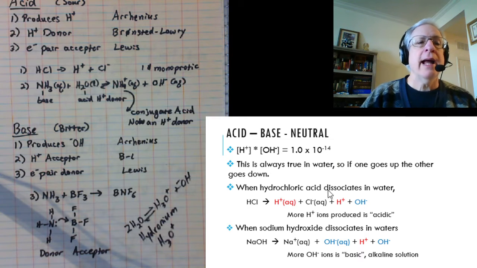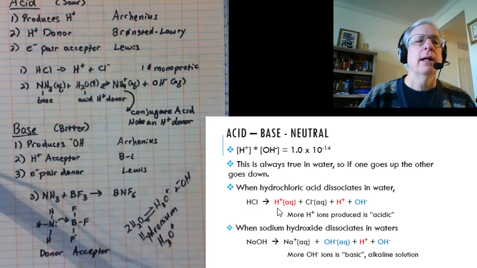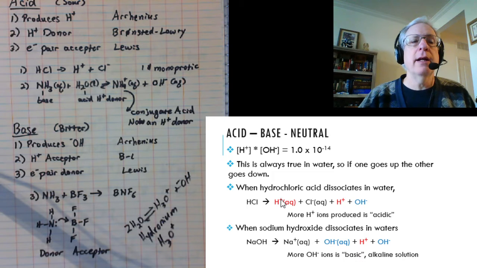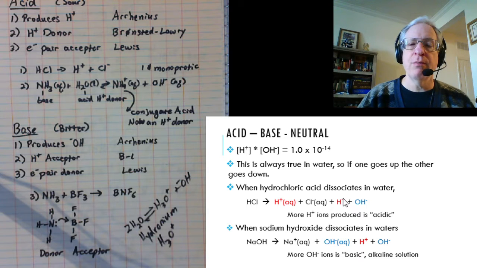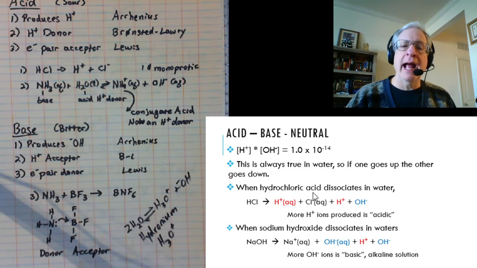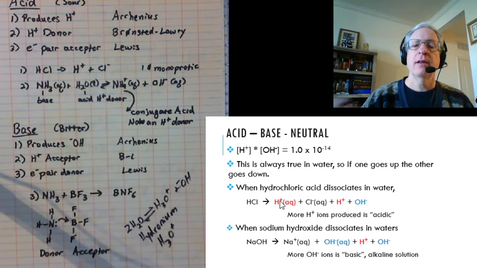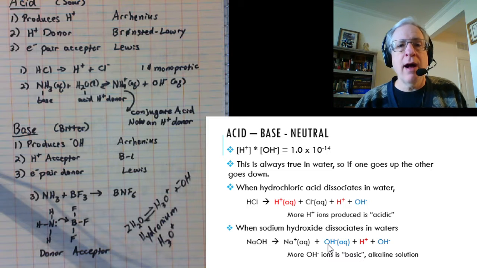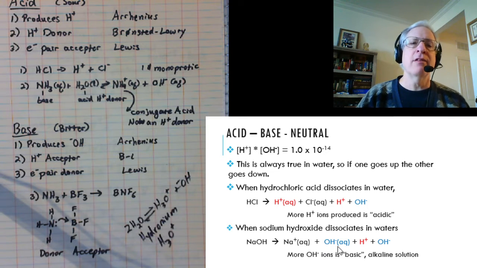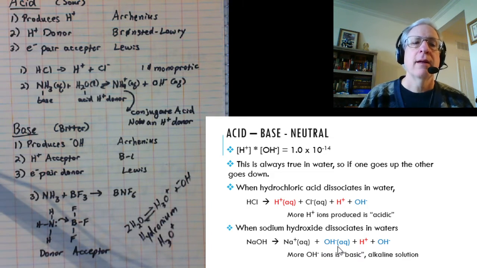So when hydrochloric acid dissociates in water, it produces hydrogen ion. But there's already some hydrogen ions in water at a very small amount. But if I add more hydrogen ions, that makes the solution more acidic. And if I take sodium hydroxide and I add more hydroxide ions, that makes it more alkaline or basic. So it's just the balance that's drawn.